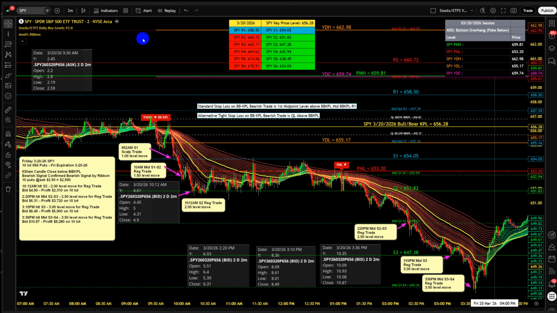However, you can use all these key levels for other types of option strategies that are some of the more popular option strategies that people use with either 0 DTE or 1 DTE options for day trading stocks and ETFs.